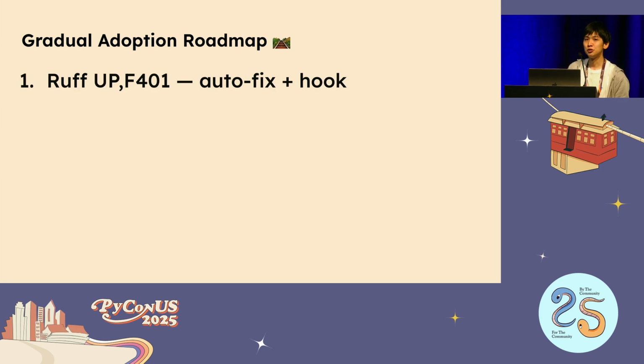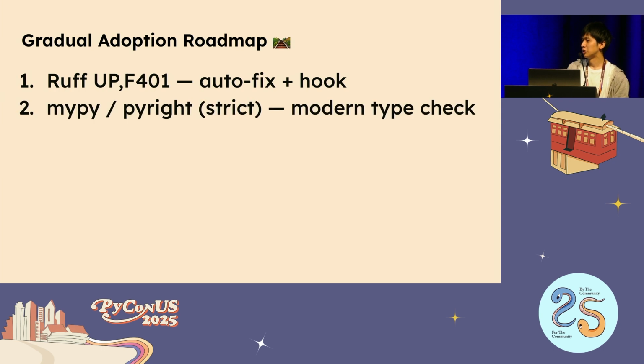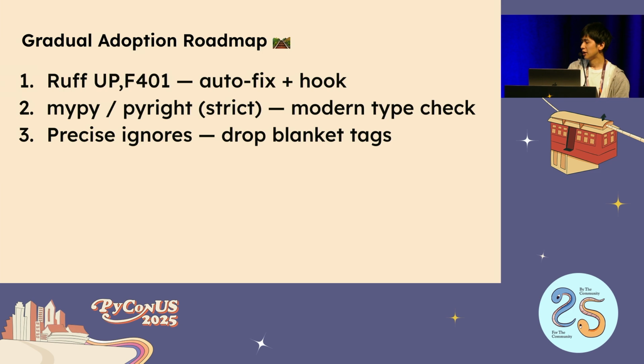First, we should use Ruff. I guess everyone uses Ruff. But please enable UP and F401. Also, put in a type checker like mypy or Pyright, and I recommend Pyright now, since it is more strict. And please check the type: ignore comments, and if you use type: ignore, you should specify the specific error code.